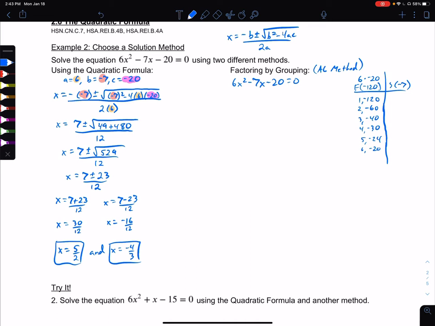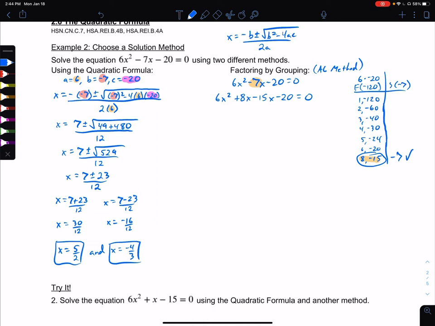So 8 would be 8 and negative 15, which gives us the negative 7 that we're looking for. Sometimes you get to that quicker, sometimes you don't. But either way, we're going to take these 8 and negative 15, and that's going to replace the negative 7. If you don't really remember the AC method, you can go look up the video on how to do that, and I explain this in more detail.